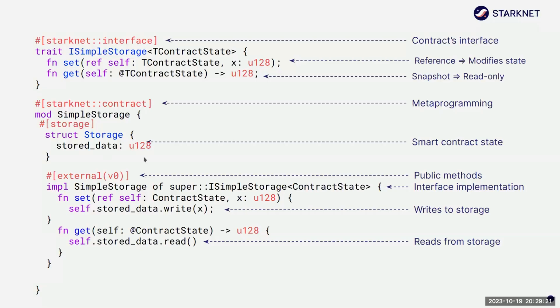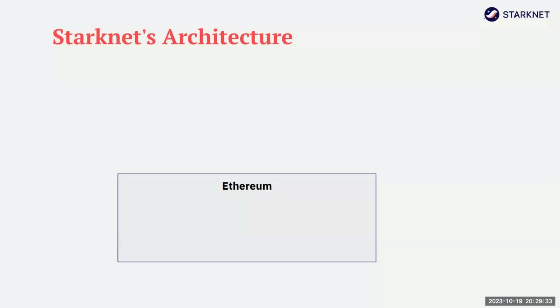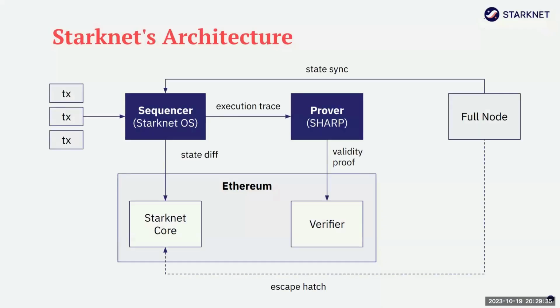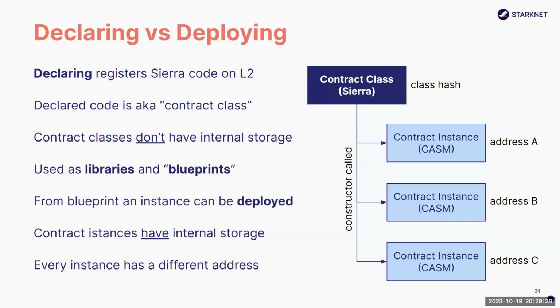If I want to deploy this contract, I have to declare it first. Once I declare it, I am registering the blueprint, and it generates a class hash for me. I can use that class hash to deploy and create several instances of my contract, and each instance gets a different address.